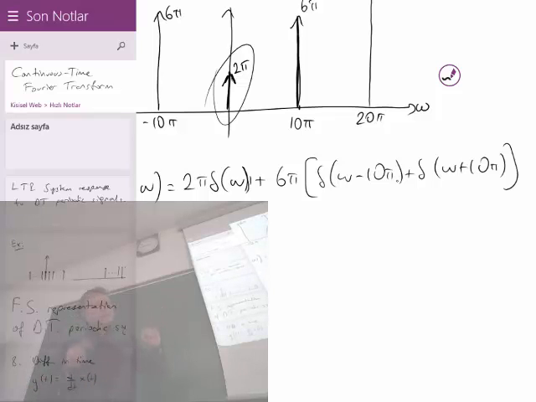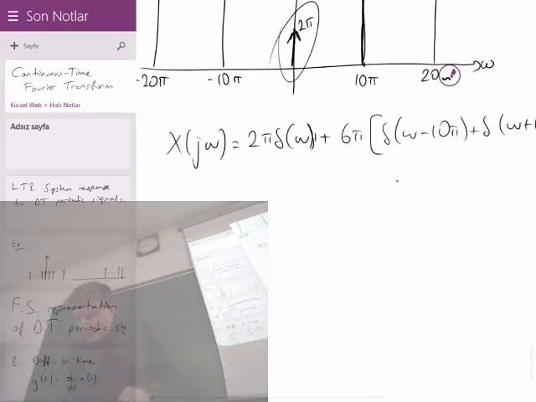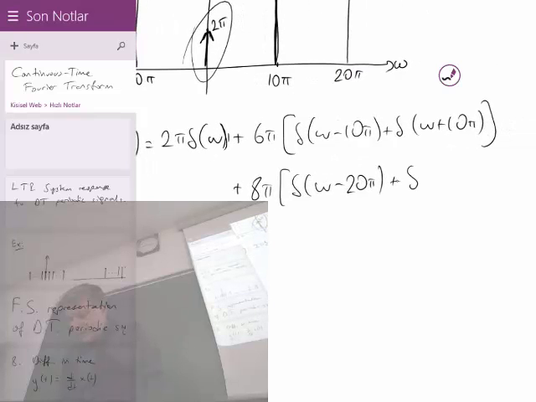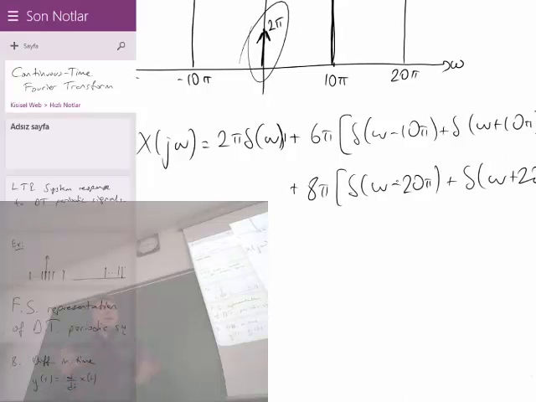They are all scaled by 6 pi, plus 8 pi in parentheses delta omega minus 20 pi plus delta omega plus 20 pi. If I tell you to write down the expression, this is what I'm expecting from you. Is that clear? This is the Fourier transform.